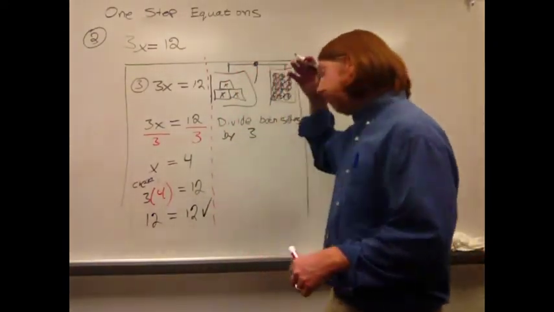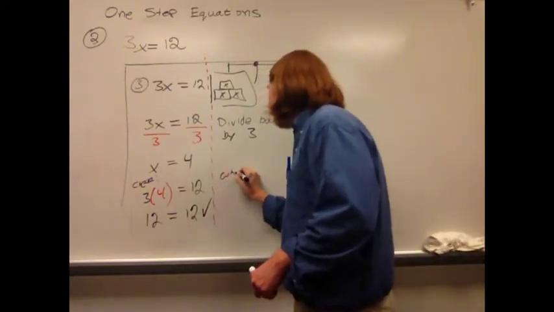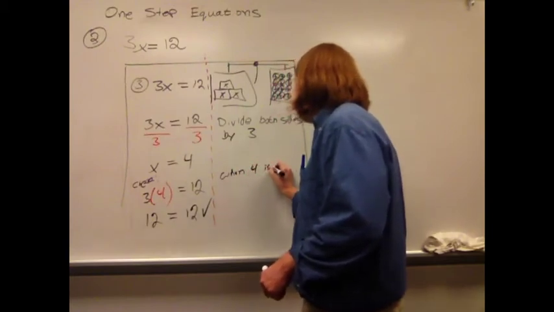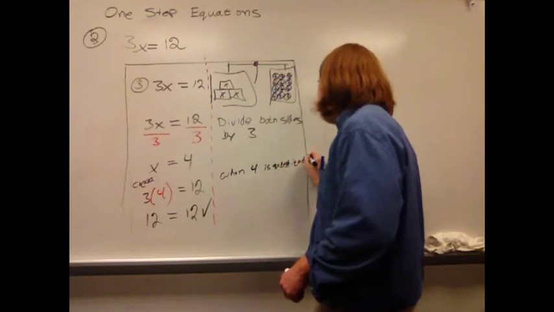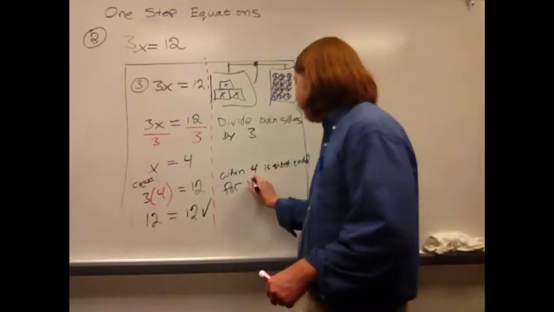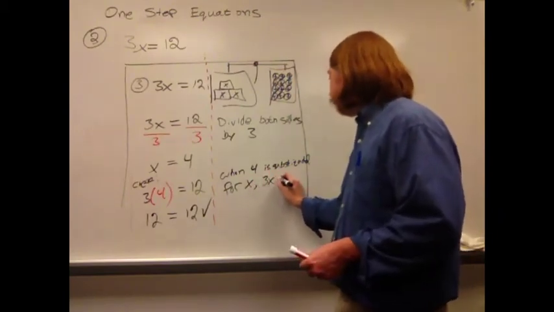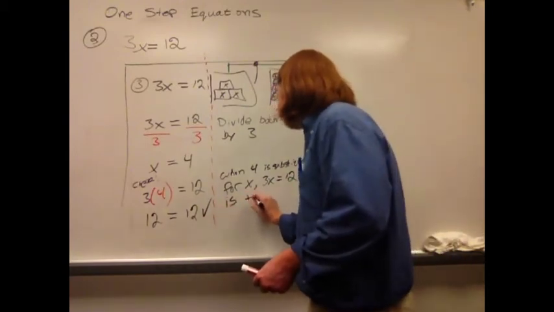And now what I'm going to write over here is that when 4 is substituted for x, the equation 3x equals 12 is true.